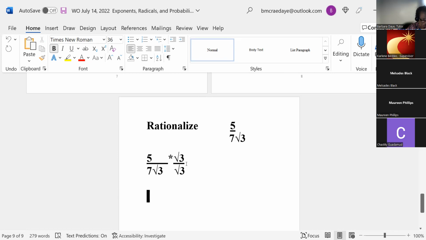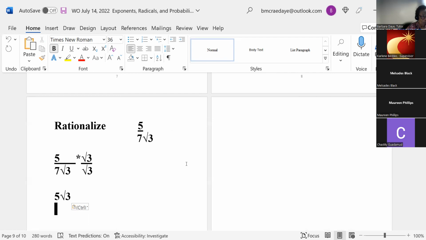So you really just get 5 radical 3. It stays the same because you can't multiply a number by a radical. If this were 3, I would say 5 times 3, but this is not 3. This is radical 3. So that would just be 5 square root of 3. 5 is the coefficient of the square root of 3.